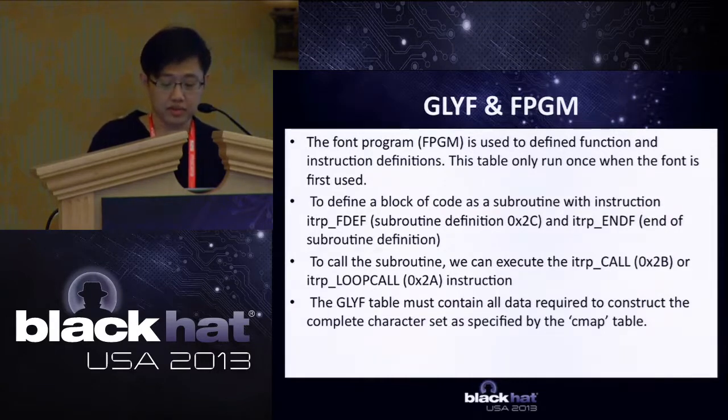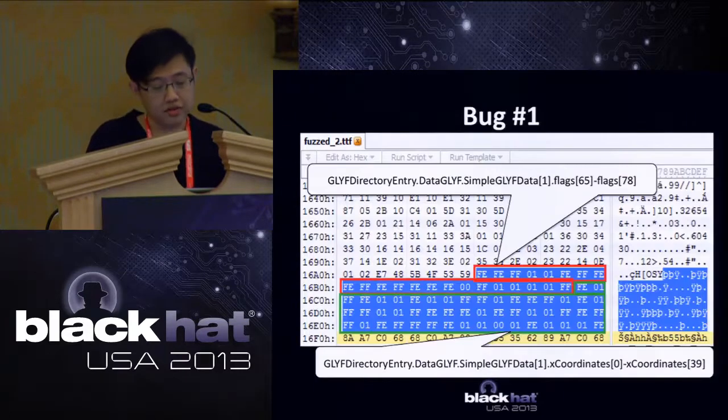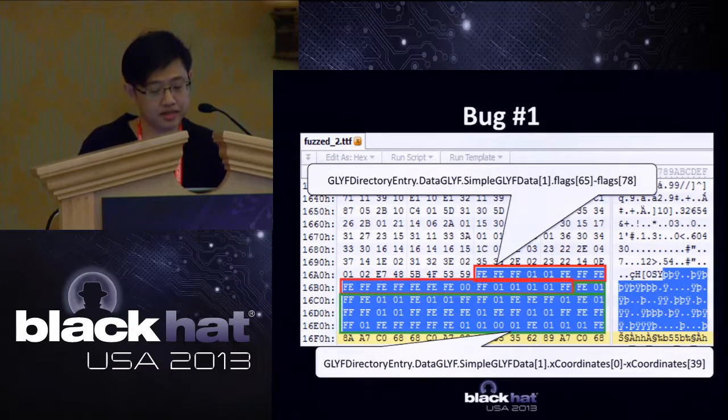The glyf table basically must contain all data required to construct the complete character set as specified by the cmap table. For the first finding, the mutation happened at flag 65 until flag 78 and x coordinate 0 until x coordinate 39.